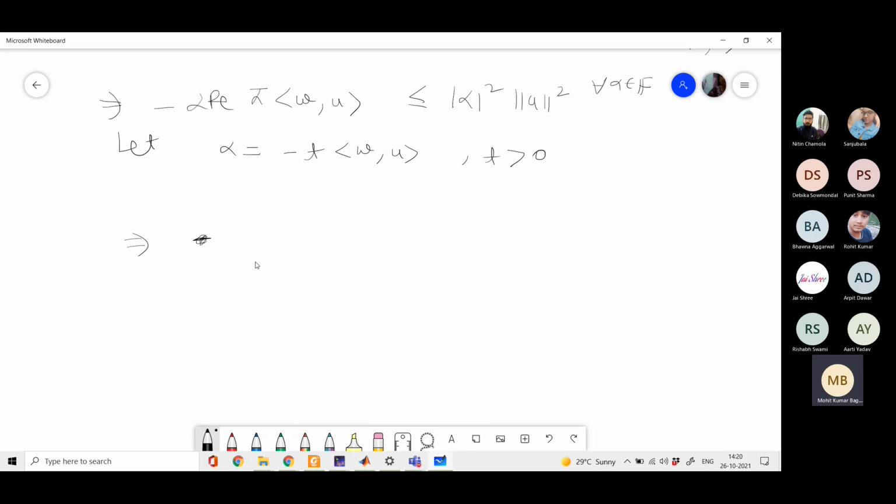You can write this as 2, and this is t, and because this is like a bar of it, you have to use z bar equal to this. So of course this is an inequality, so this is t square, and this is W, U squared, and of course with the norm of U squared. Okay, up to this is fine.